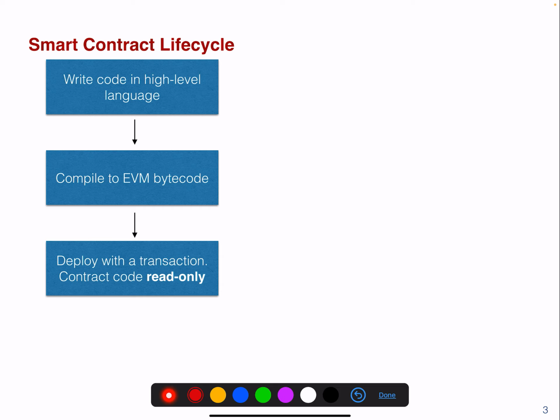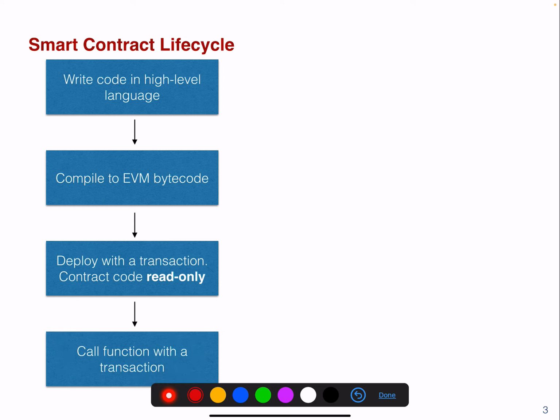You can then deploy it with a transaction of type create, as we've seen in an earlier lecture. This transaction deploys the contract on-chain, and the contract code is then read-only from then onwards, so it's immutable on the blockchain. You can then call a function with another transaction of type call.